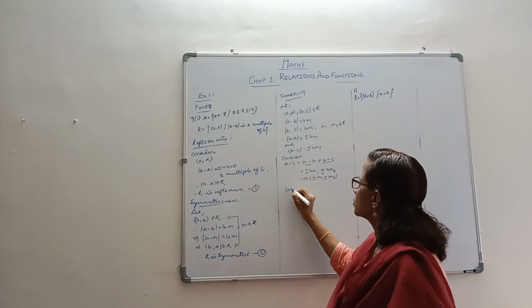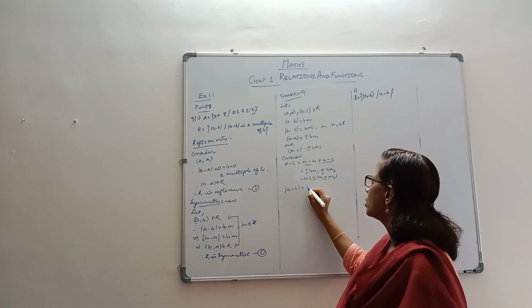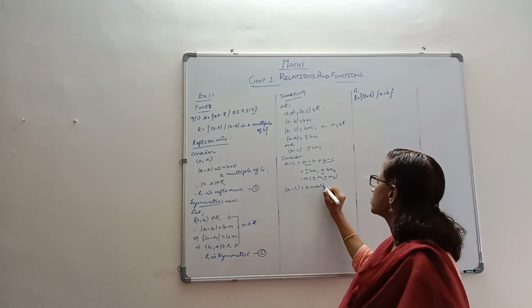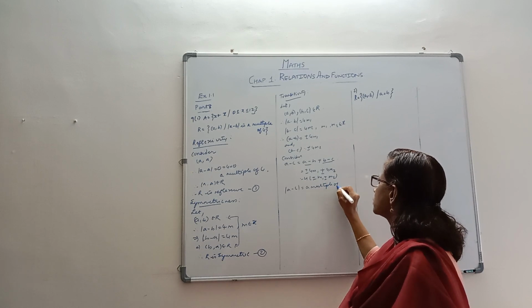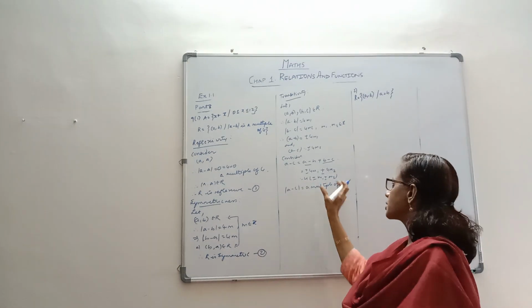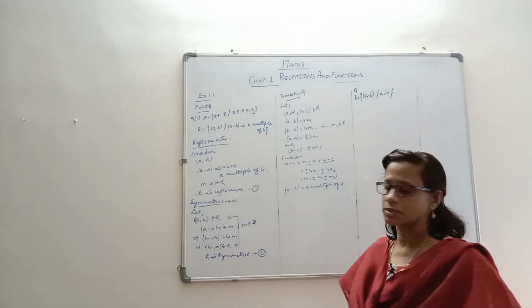Consider a minus c. We are looking for transitivity, so that is a minus b plus b minus c, adding and subtracting b. This part is plus or minus 4m1 and this is plus or minus 4m2. You can take 4 common, plus or minus m1 plus or minus m2. Since we are interested in the modulus, a minus c is anyhow a multiple of 4, because the modulus will take care of the plus and minus part.